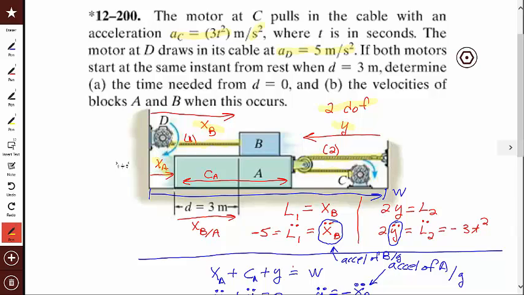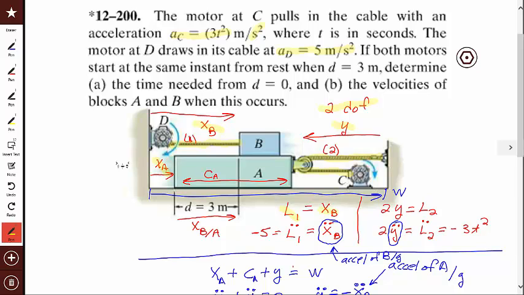When I'm looking for relationships, right now the only thing I know to do is write down lengths of ropes. So that's what I'm going to do here. The length of rope number 1 is real simple. It's just XB.